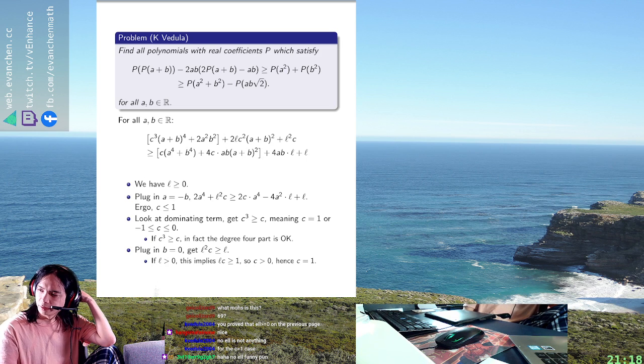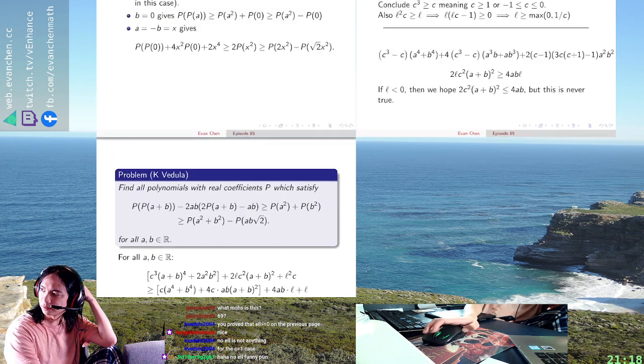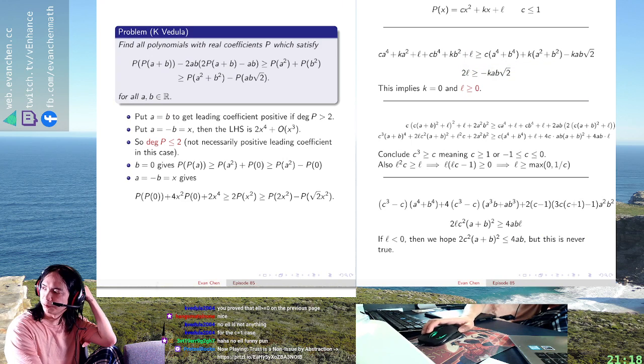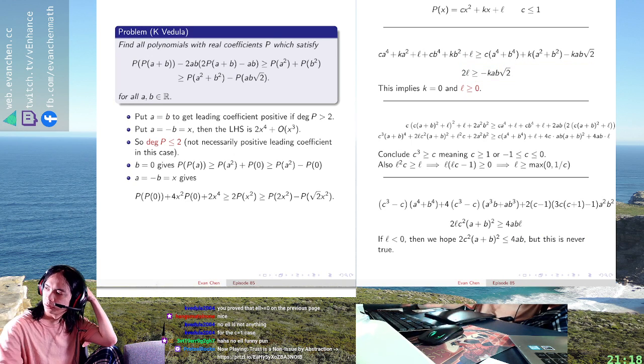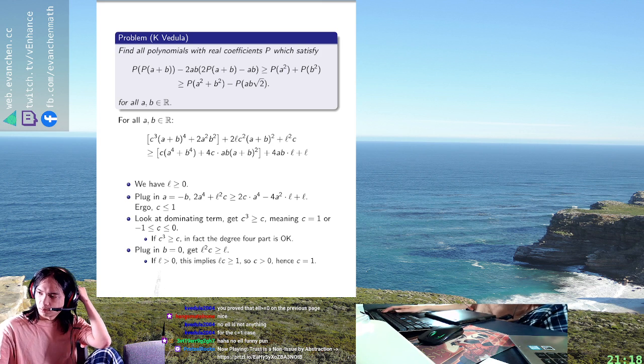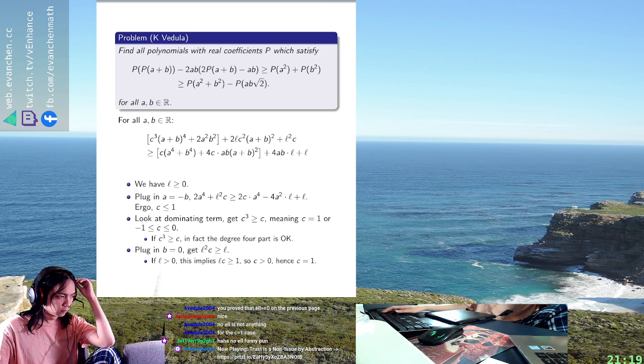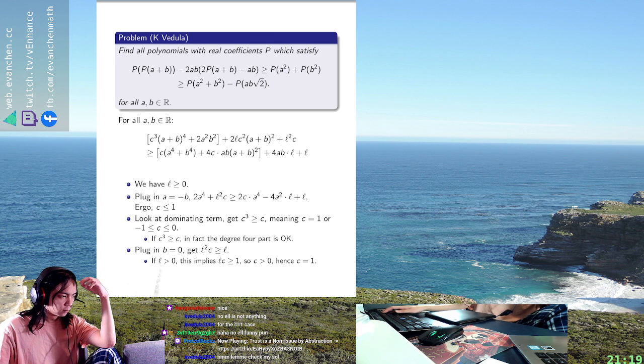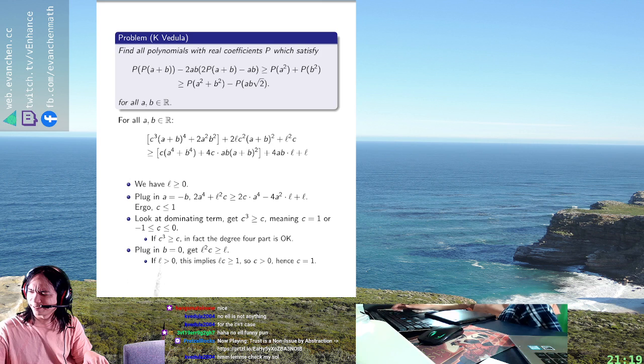If C equals 1, the top part's okay, the middle part with degree 2 is okay, and so the only condition is L squared C at least L? Or did I miss something? See, is there something in this thing? No, there isn't. I fully expanded this, and this only says L is not negative. I think?